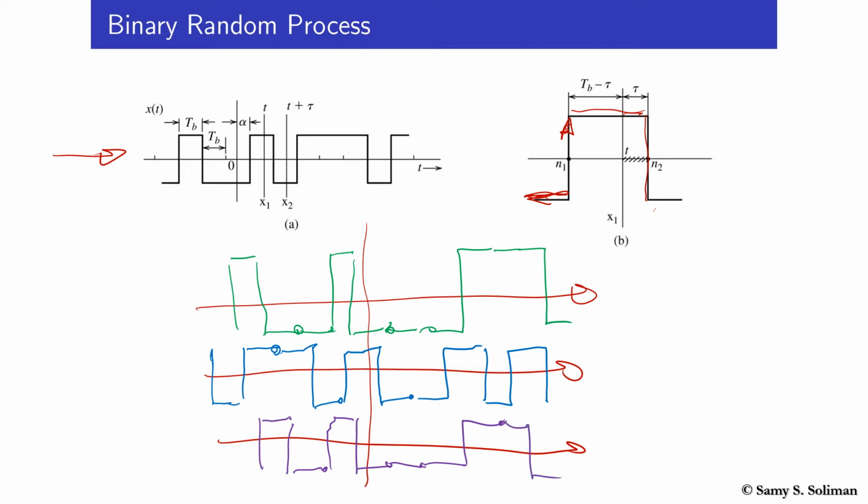So as we can see from these sample functions, the randomness exists in terms of two parameters.